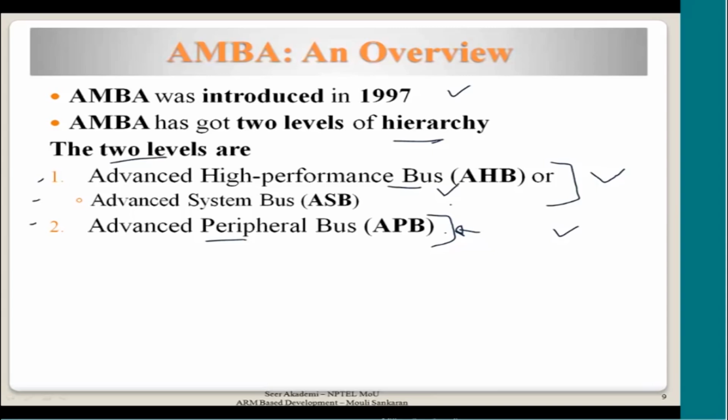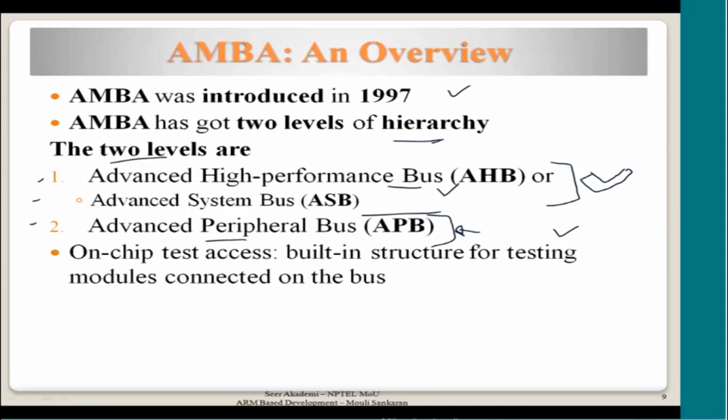That's why they have divided this. Low performance, slow peripherals are not connected to the high performance bus. That way, the high performance bus and the modules connected to it are not slowed down by the low speed peripherals. That's the purpose of 2 levels.